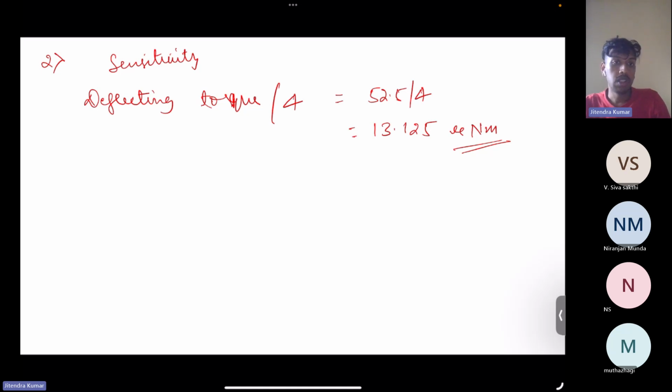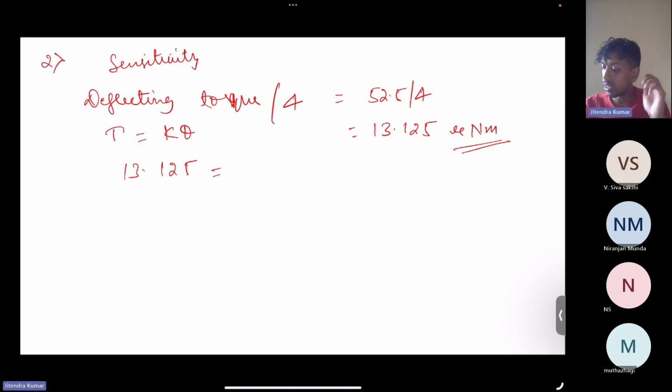What should be the expression of deflection? That is related to a spring, right? A spring will deflect according to how much torque is being applied on the pointer. Since torque is 13.125, let me write torque is equal to k theta.